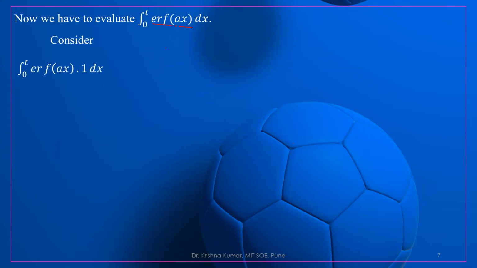Let us find its integration. Since we do not know the integration of the error function, we introduce one function which is 1, just like how we find the integration of the logarithmic function. So first function, integration of 1 is x. So we have written x first, and error function of x under the limit 0 to t.